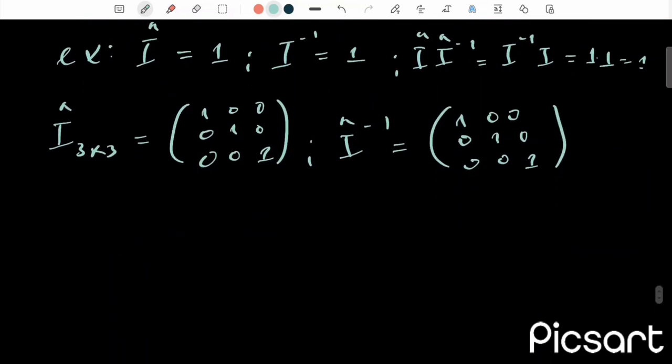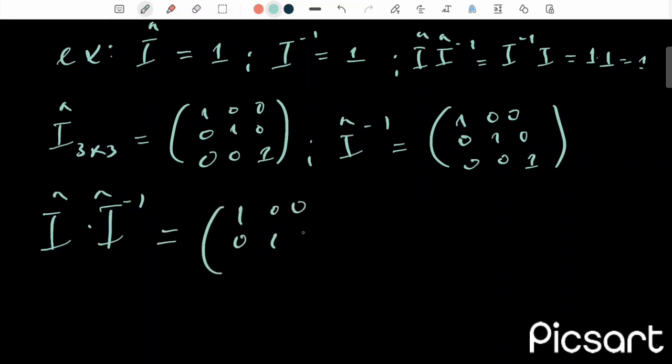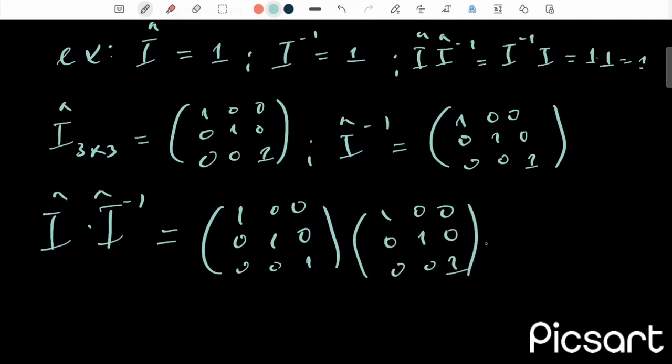And here we will see that when we multiply I by its inverse, I power minus 1, we get 1 0 0, 0 1 0, 0 0 1 times 1 0 0, 0 1 0, 0 0 1.